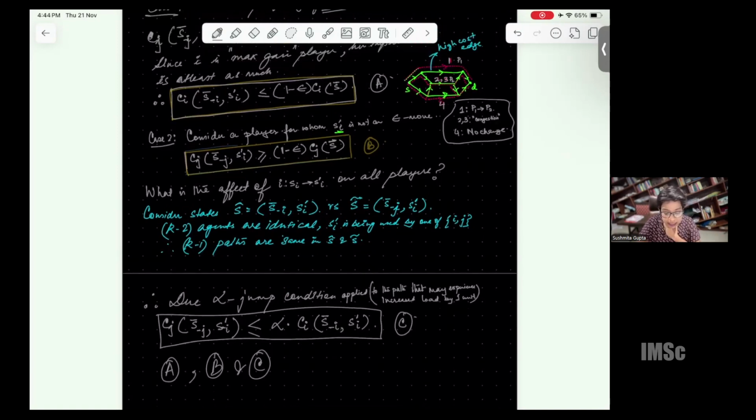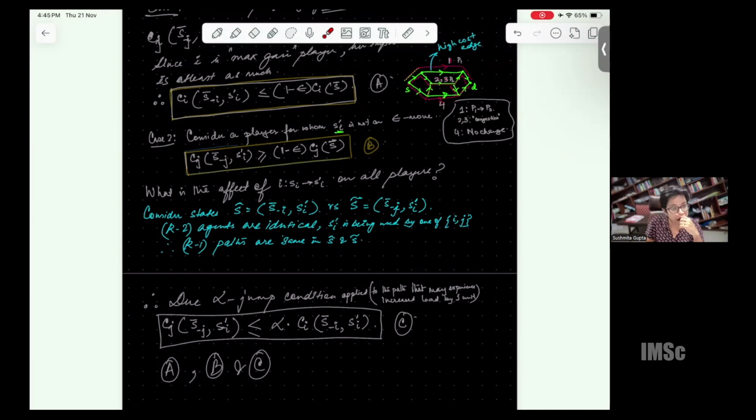Okay, A represents a player for whom this is an epsilon move, shifting 1 unit of flow to S prime I. A represents one such player. B represents all those players for whom this is not an epsilon beneficial move. C captures the relative effect this move has on any player in the game, whether the one that has an epsilon move or not.